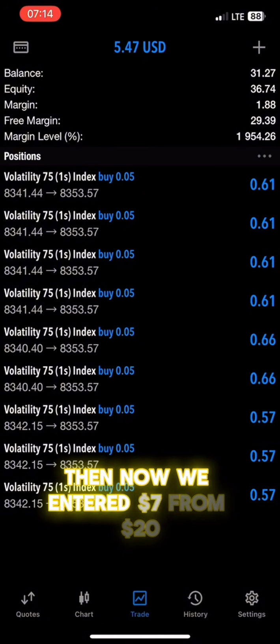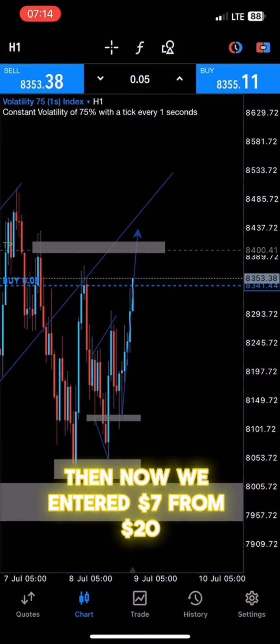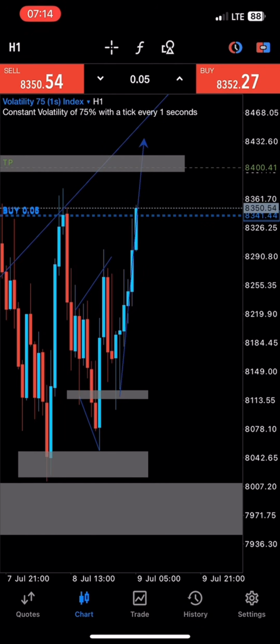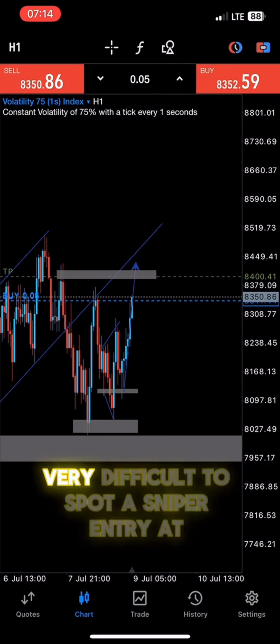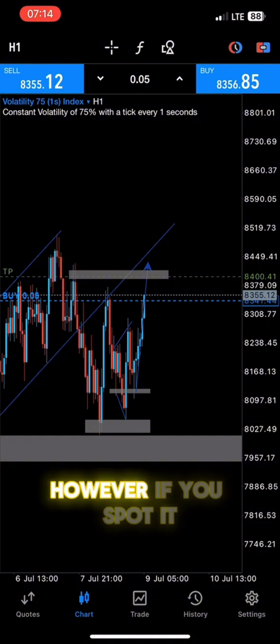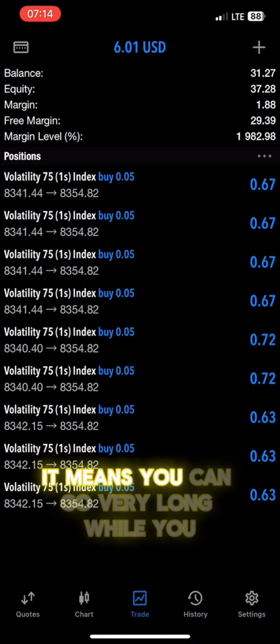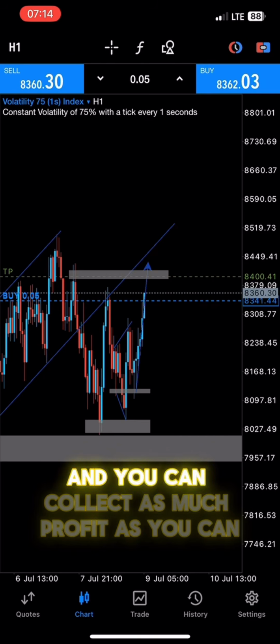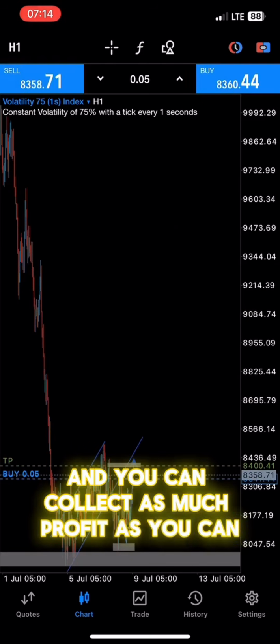Now we're in $37 from $20, which is a lot. It is very difficult to spot a sniper entry at this point. However, if you spot it, it means you can go very long while you are riding it, and you can collect as much profit as you can.